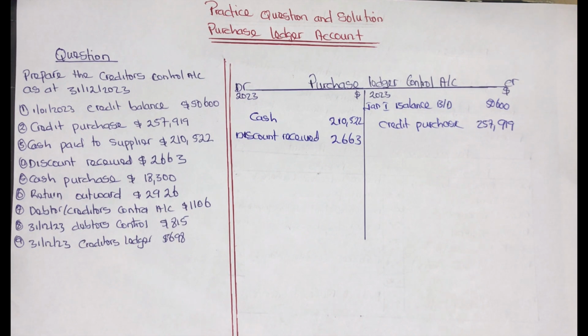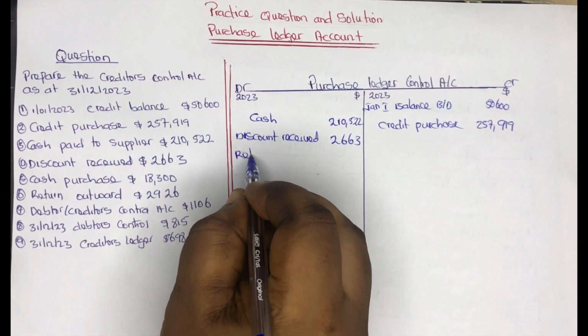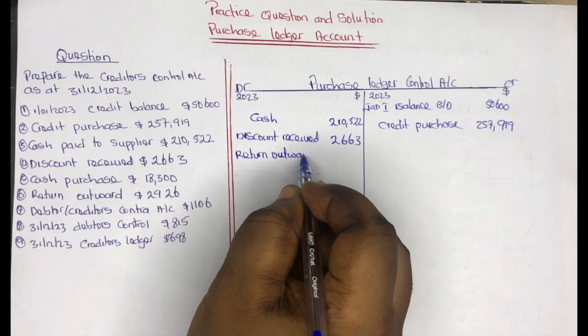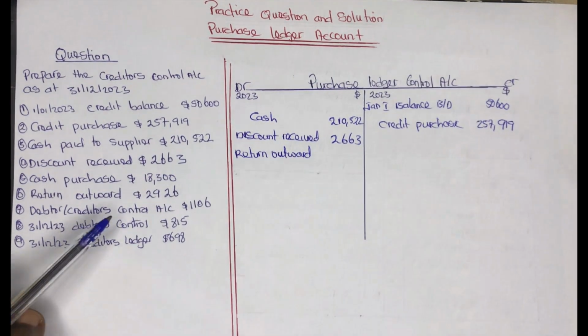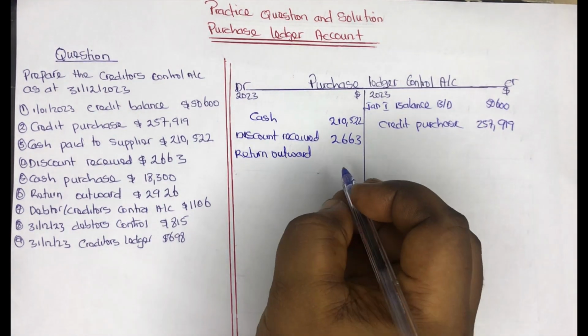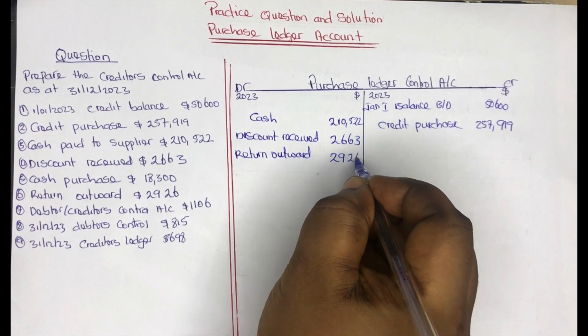So it's not supposed to be in the purchase ledger control account. The next one is returns outward, which is also debited. We have returns outward of $2,926.